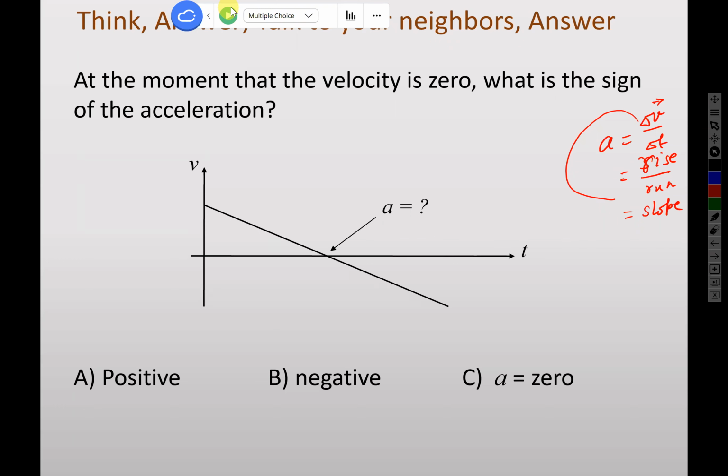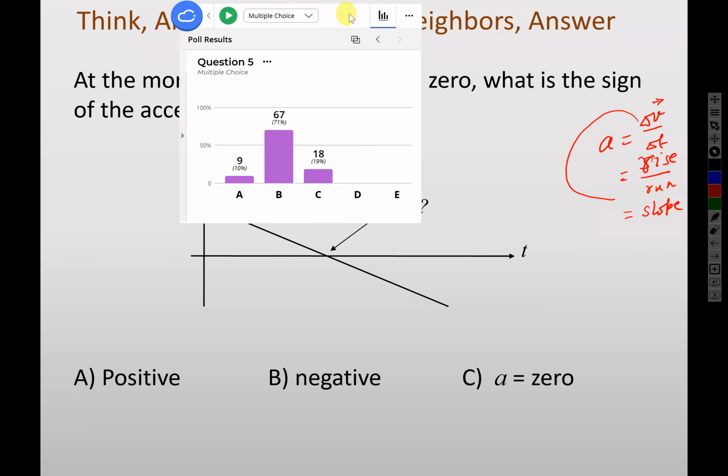Okay, so let's take a look. Okay, mostly B, but there are A and C as well. This is the correct answer.